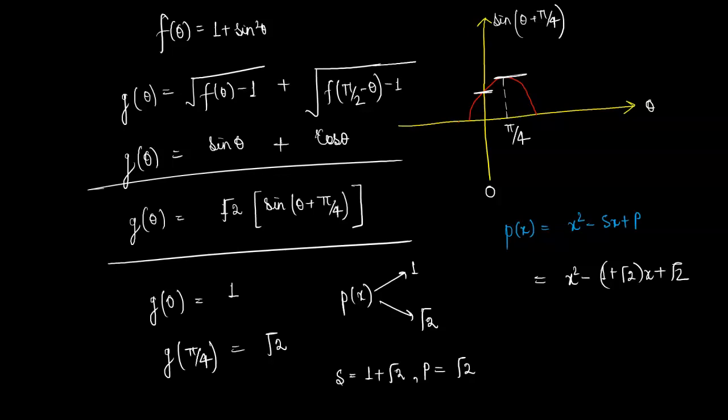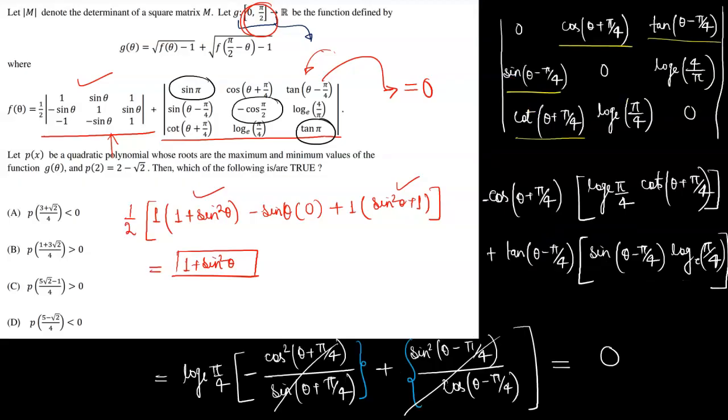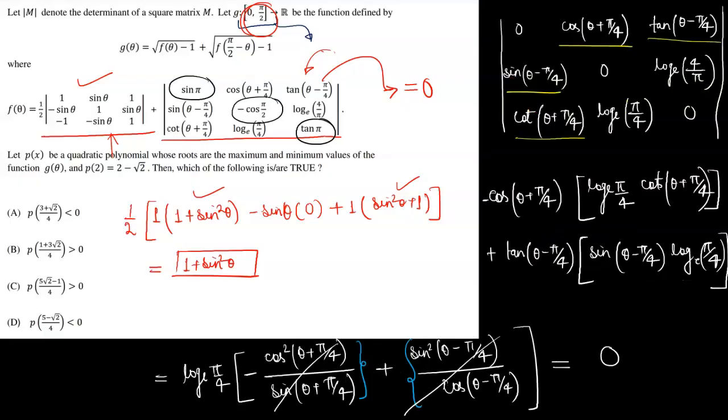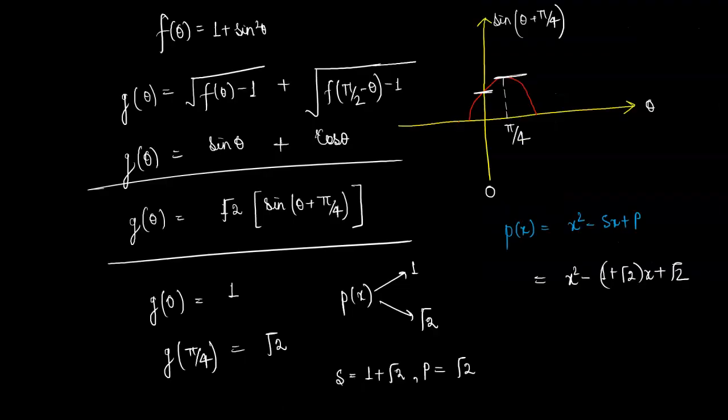Okay, you can further verify by putting the value of p(2). You will find 2 minus root 2 will come, so I'm not getting into that. I have to verify that p((3 plus root 2)/4) is negative, meaning there are some values of x where we have positive or negative value.